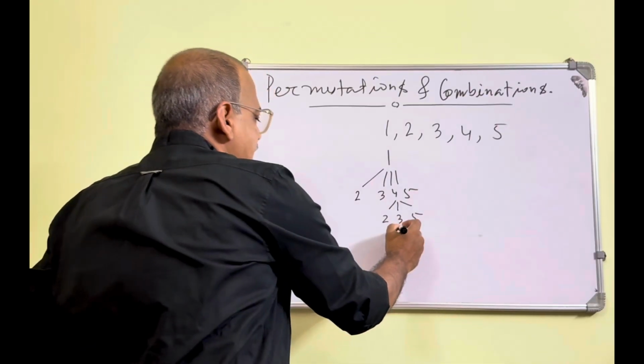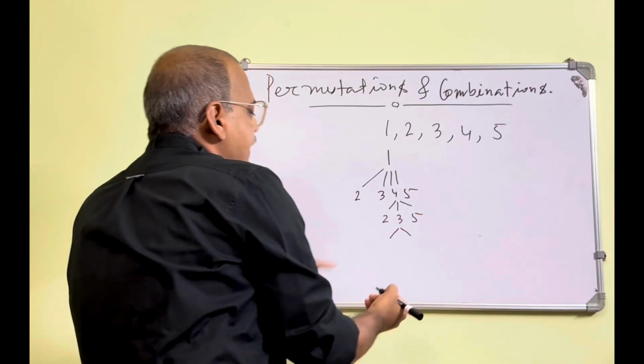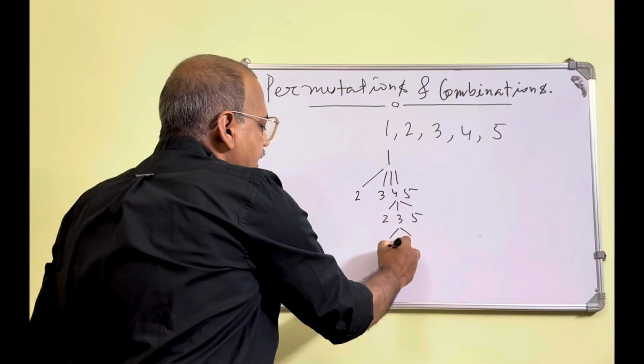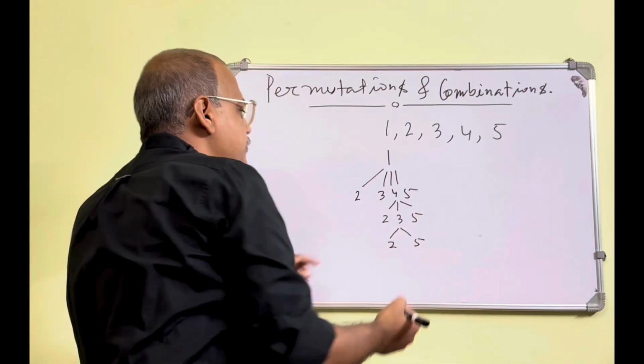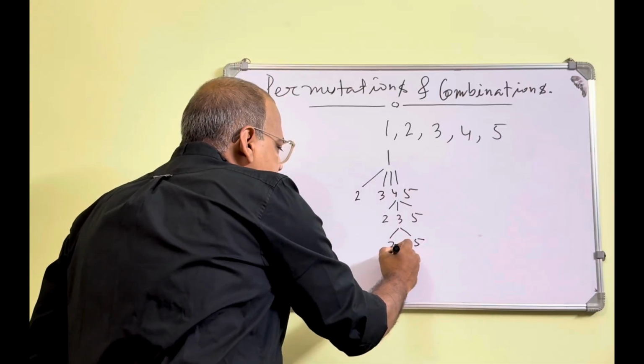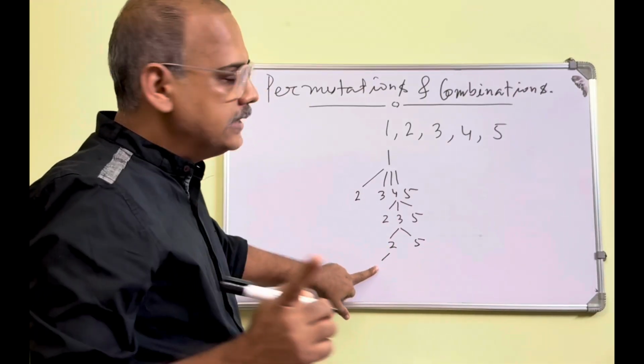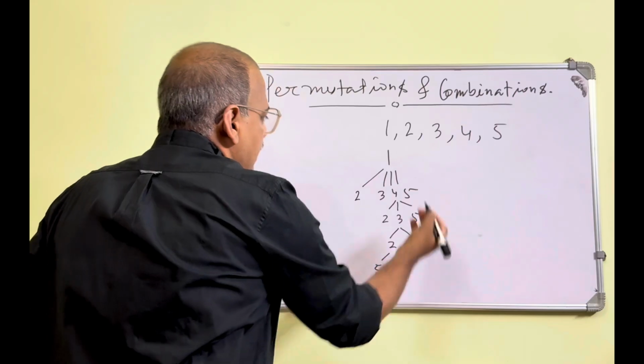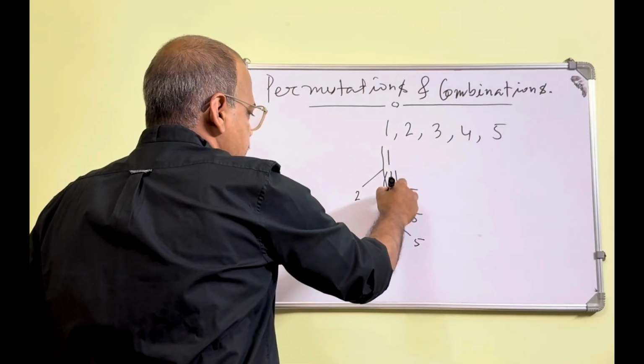The fourth position can be filled with two different remaining numbers, 2 and 5. If I choose the fourth position as 2, the fifth position can be filled with only one number, which is 5.